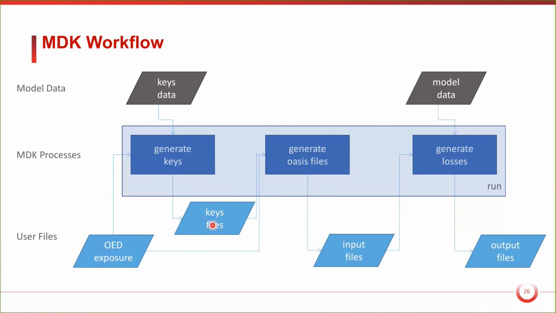So importantly, you get some information here about, of your input exposures, what is actually going to be modeled or not. But the main output from this is that mapping of these exposures to the abstract keys of area peril and vulnerability ID. These can then be pushed in along with the exposure data itself to what we call the generate Oasis files.